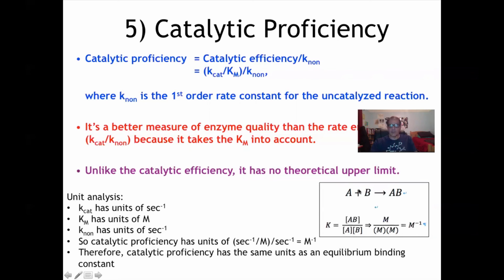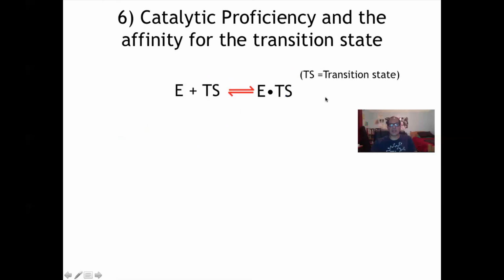Okay, so the catalytic proficiency is some kind of a binding constant, it would seem. What kind of a binding constant is it? It turns out that the catalytic proficiency is the binding constant for this reaction here. It basically tells us the binding affinity of the enzyme for its transition state.